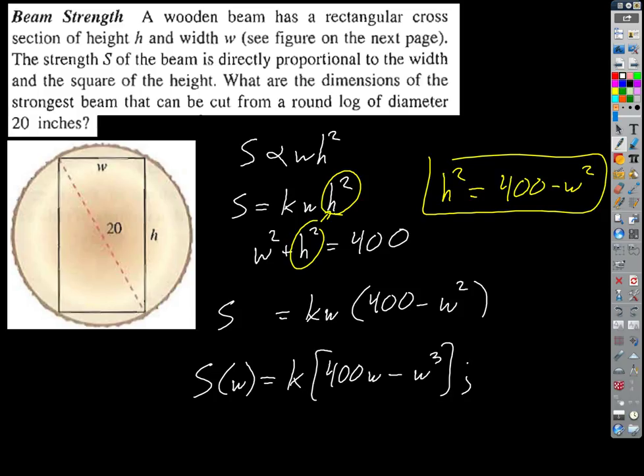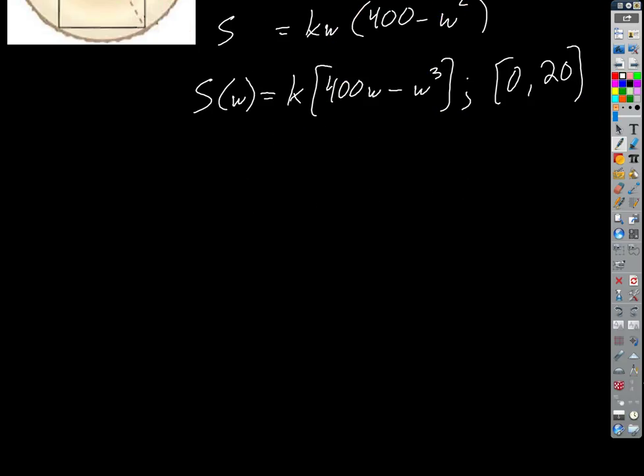There's no reason we couldn't pick 0 and 20. Obviously 0 and 20 aren't going to work, but those are the limits of our domain. This is a pretty easy one, it's just a polynomial. What's our derivative going to be?